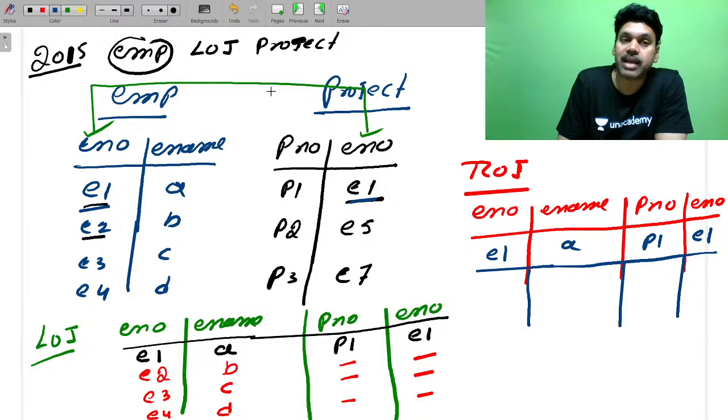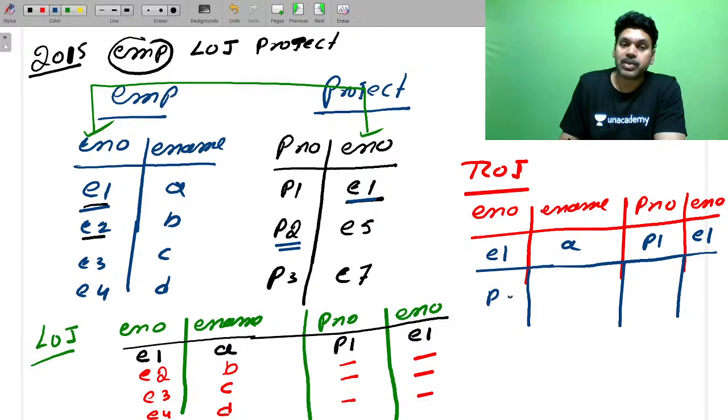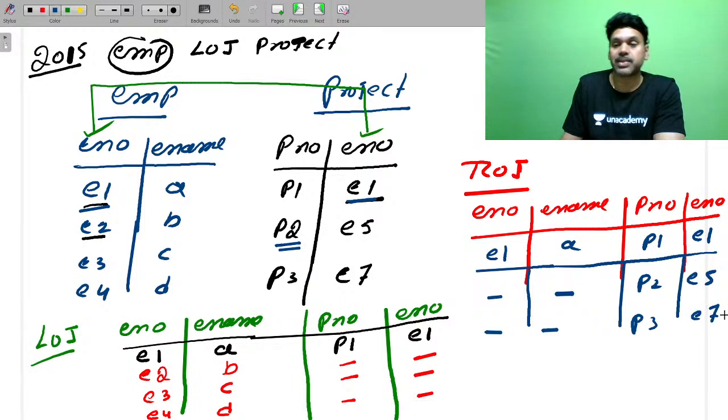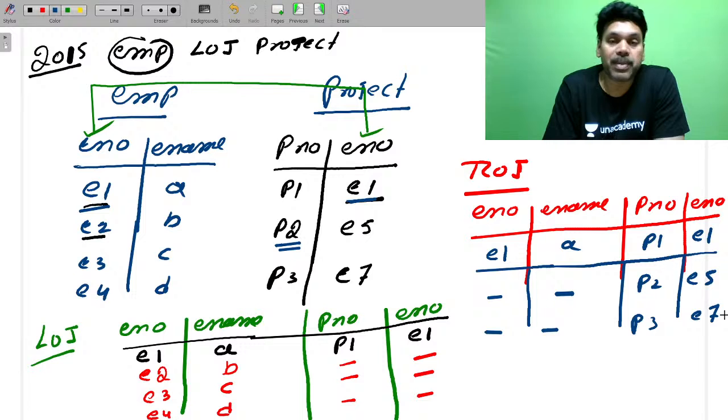Look at the right instance. So P1 has got employees and P2 does not have any mapping. So P2, E5 do not have any mappings. And P3, E7 do not have any mappings. So the outer join is also going to give you the unmapped tuples along with your matched tuples.